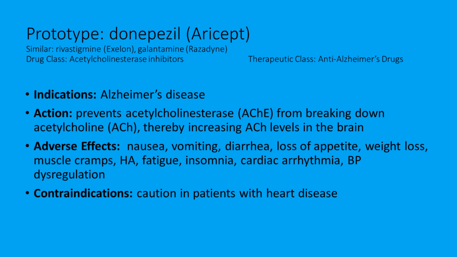Well, there's an enzyme in the synapse called acetylcholinesterase, and its job is to break down acetylcholine once it's sent a signal across to another nerve. These drugs block that enzyme from breaking down acetylcholine, which increases acetylcholine levels in the synapse.